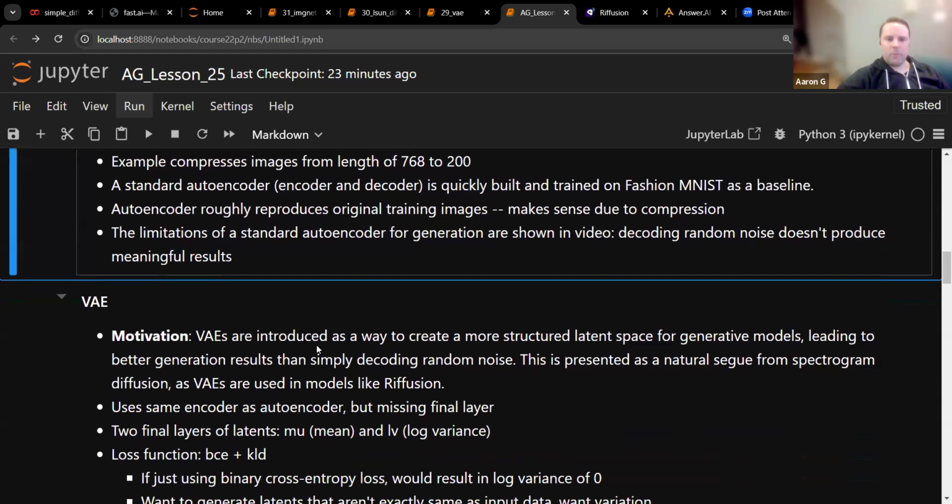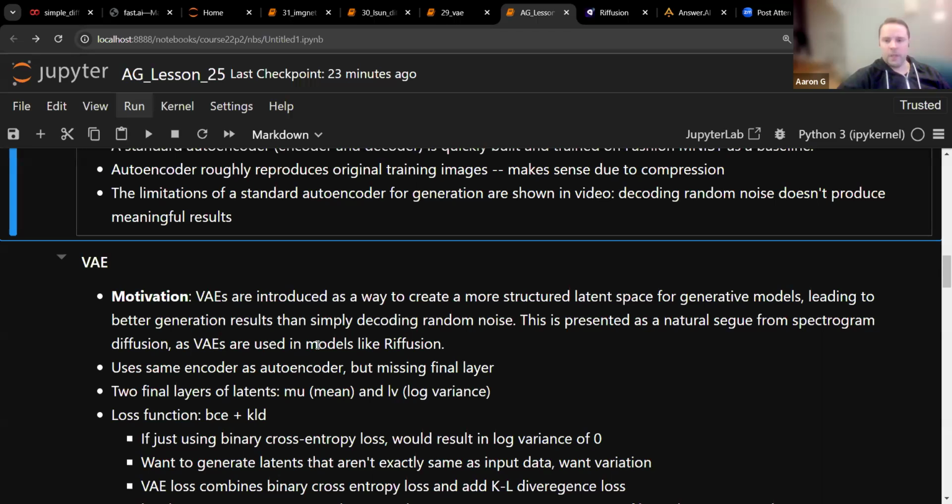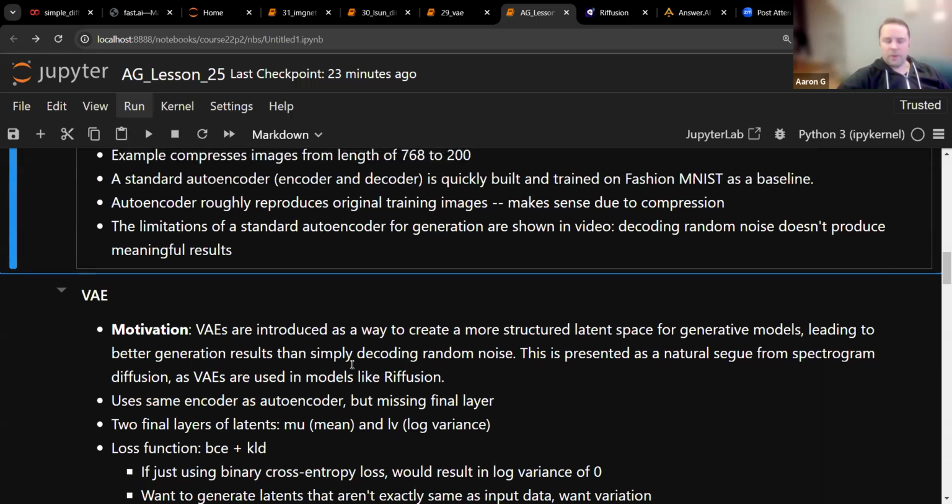All right, so then we move on to variational autoencoders. And these do quite a bit better of a job of generating images here. We're creating a more structured latent space for doing this. They talk about this as being a good natural segue from the spectrogram diffusion that we just walked through.